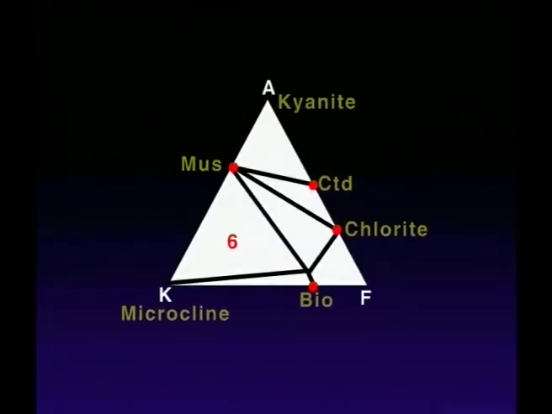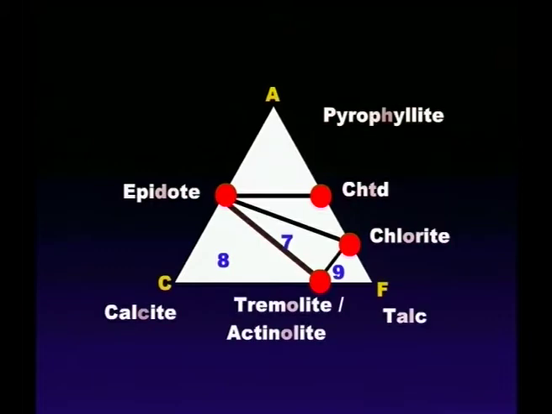Say, for example, if we observe the chlorite zone and biotite zone respectively, then biotite is normally absent in the lower zone.